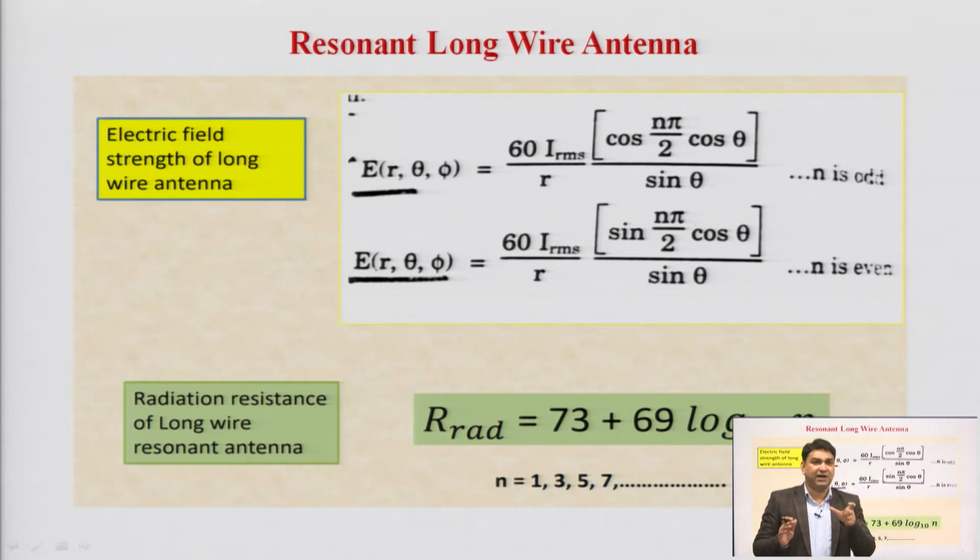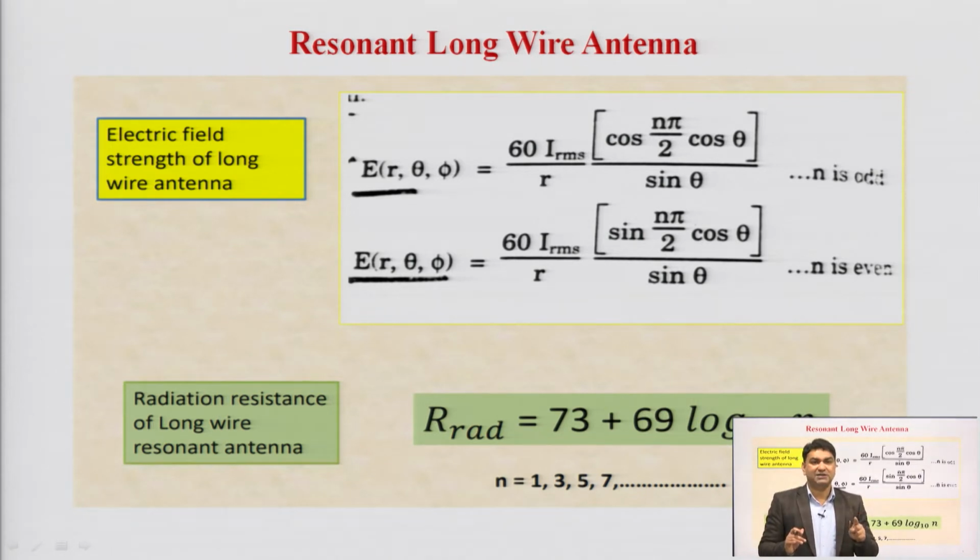It means when n is odd and n is even, this particular expression gives the electric field component existing for the length of the wire.